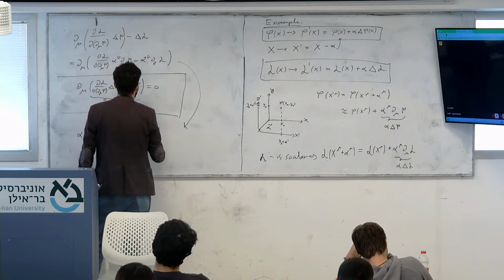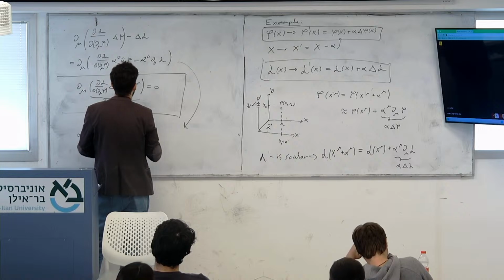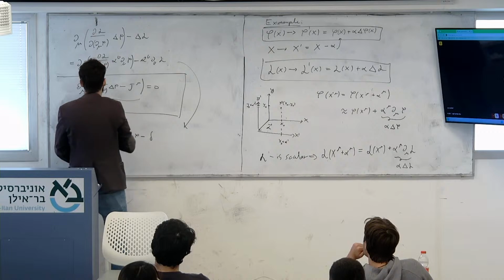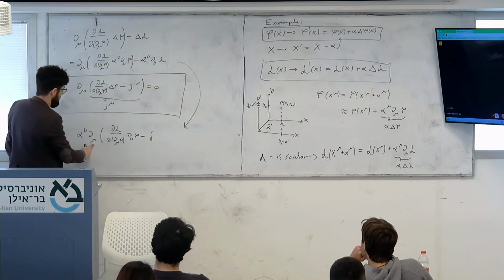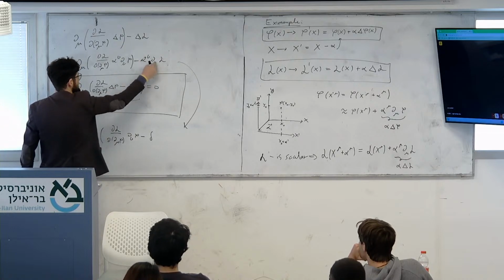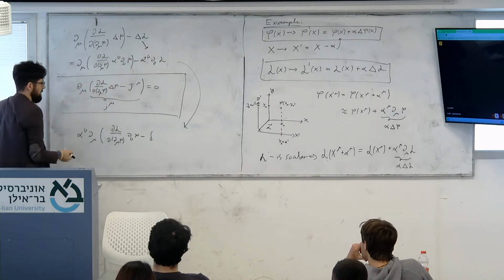minus, now I need to write something like delta of... oh my god, sorry, no, this was like this. Sorry, I made a mistake. This is just this, okay? And now I want to take out this derivative and the alpha.